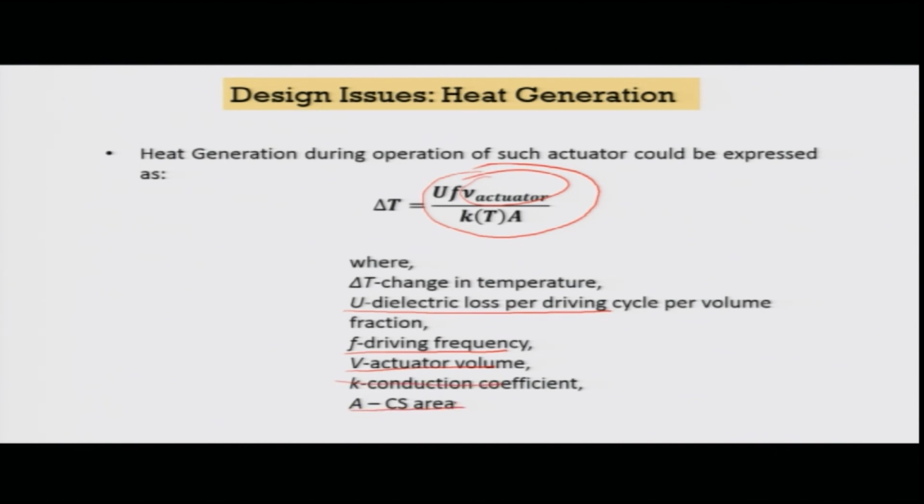So, the more the cross sectional area, the better it is from the heat generation point of view. You will generate less heat, but in a mini actuator or a micro actuator, that conduction area is a problem.